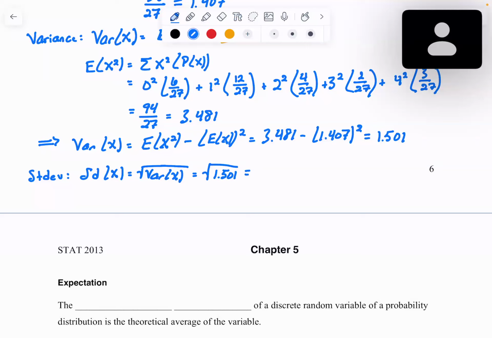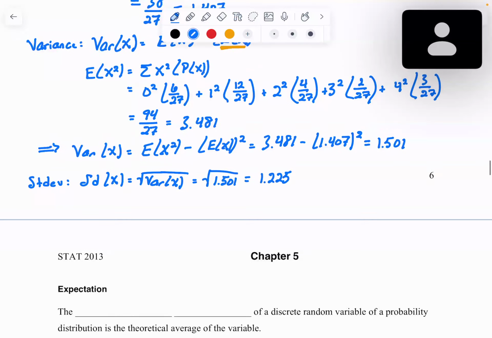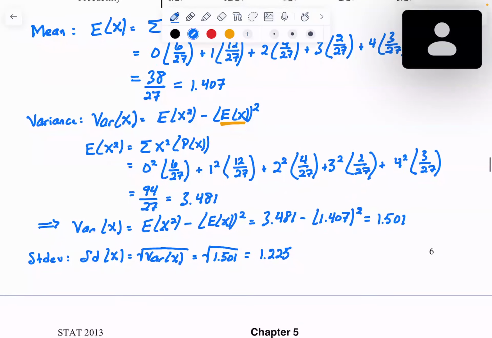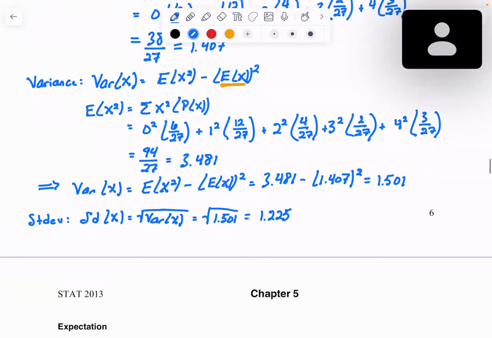What is that to 3 decimal places? 1.225 is correct. So that's how we found the mean, the variance, and the standard deviation for that example.